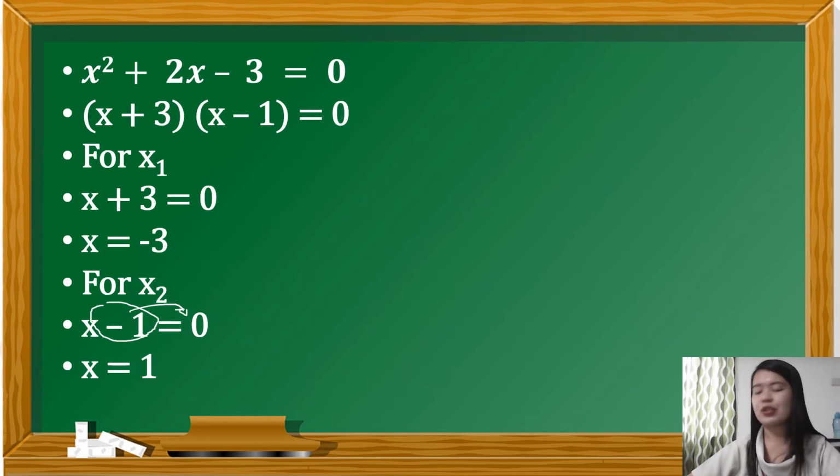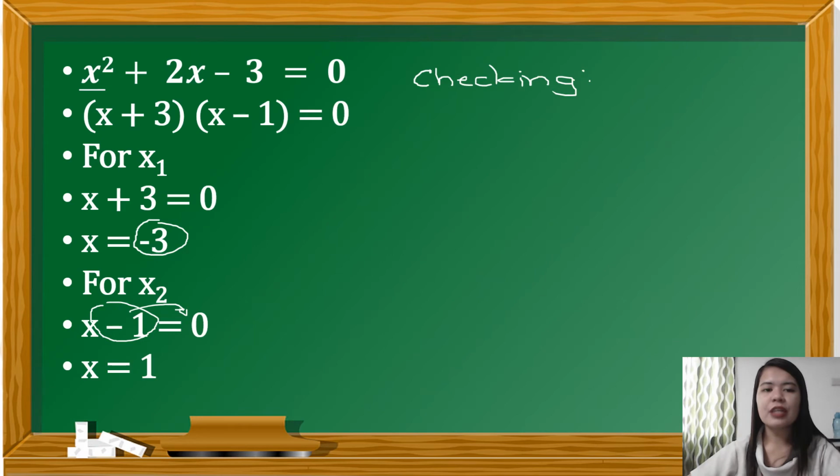Let us have our checking. For our checking, we need to find out kung tama ang ating sagot by the use of substitution. First one, ang gagamitin natin ay negative 3. We will just substitute negative 3 to every variable x in our equation.